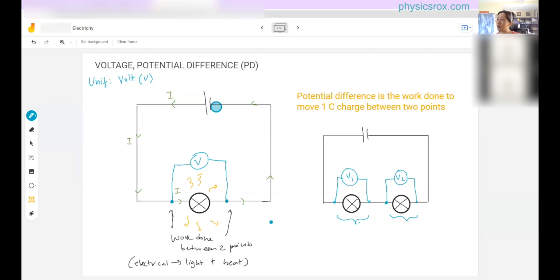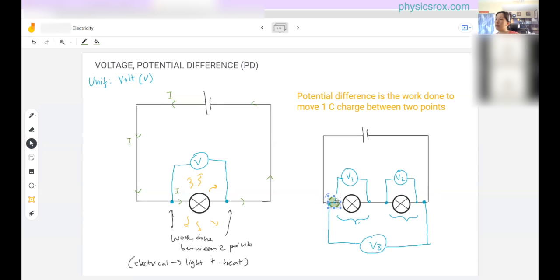However, if I put a voltmeter here like this, can you see V3 is including V1 and V2? You imagine like this. Let's say this is the current, it should be green color, not blue. The current flows. How much work done from this point until this point?